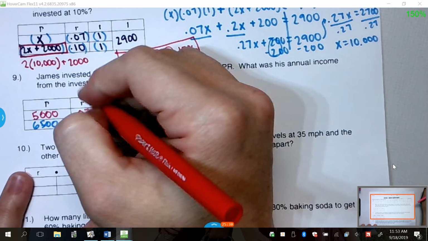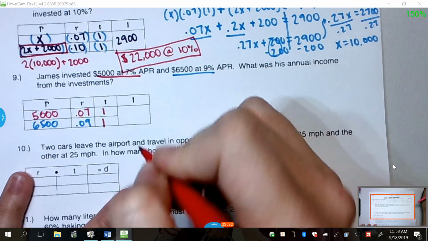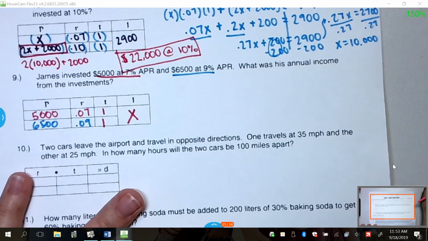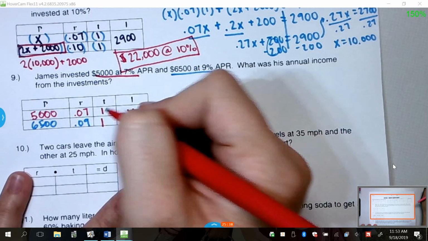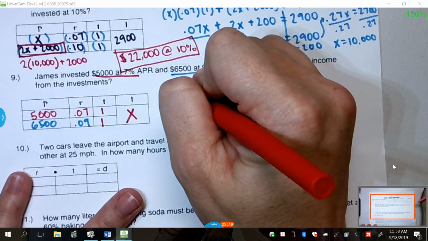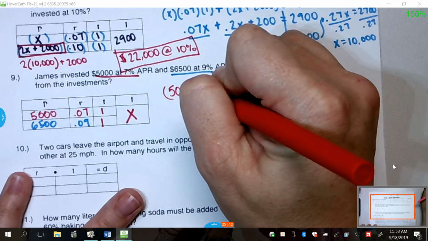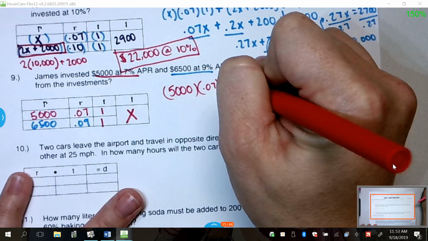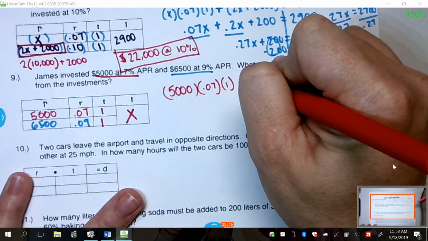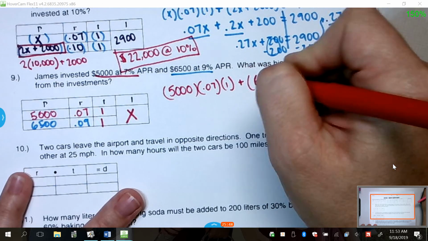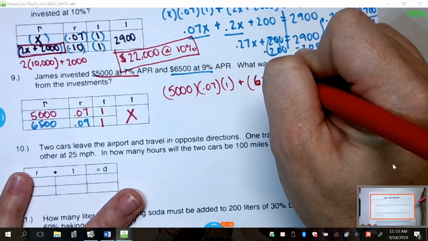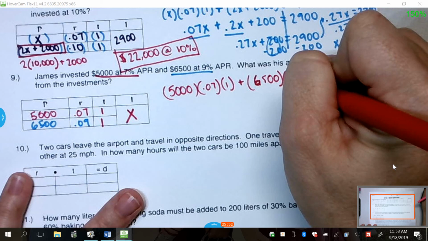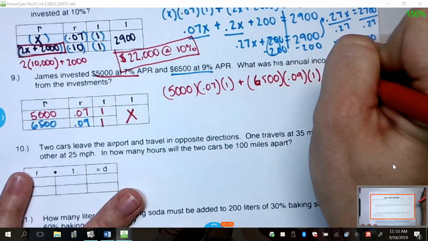So I know that my annual is 1, and I want to know my annual income. So remember, multiply, add, multiply, add. So 5,000 times 0.07 times 1 plus 6,500 times 0.09 times 1 equals X.